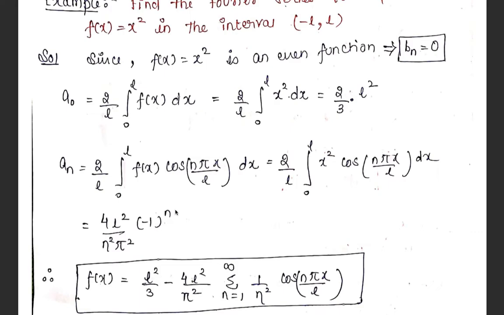And thus the Fourier series expansion for the function x square will be a0 by 2 plus summation n from 1 to infinity an cos n pi x by L. So here we have substituted the coefficients a0 and an, and we have got this expansion as the Fourier series expansion of x square. So this is how we are going to use the concept of odd and even functions directly while computing the Fourier series expansion of those functions.